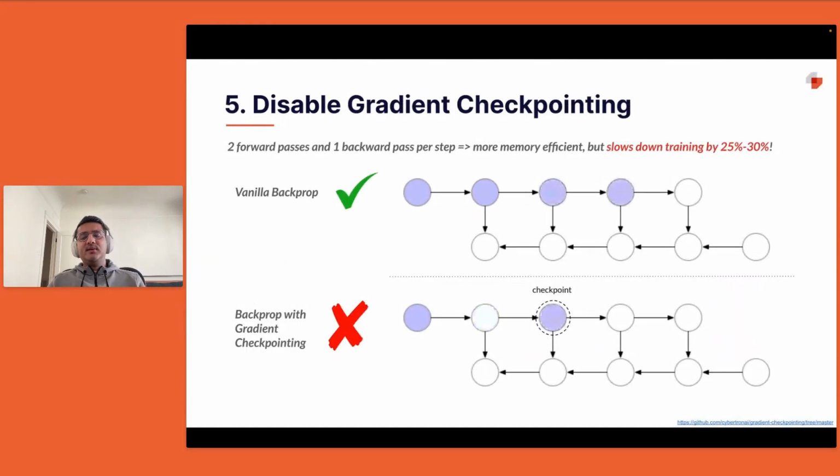And finally, the fifth thing we did, which is again an optimization that a lot of people use in environments where you don't have enough GPU resources, is this idea of gradient checkpointing. Just to explain what's going on here, in traditional deep learning, you have a forward pass and then you have a backward pass.